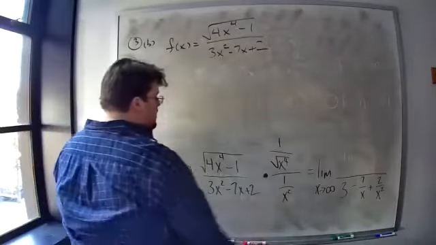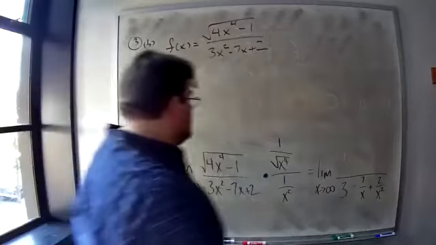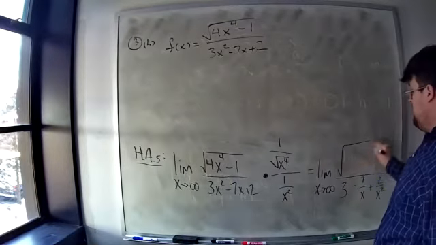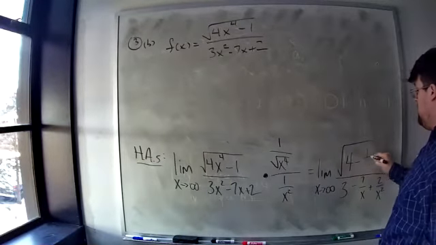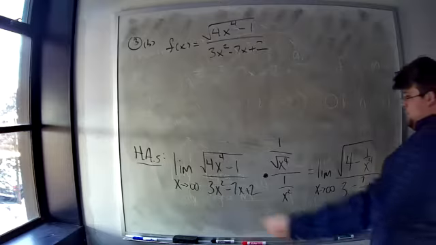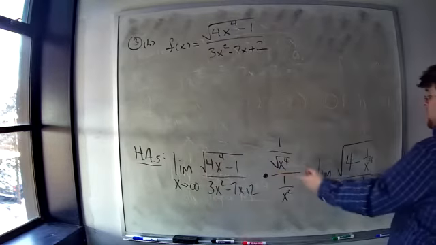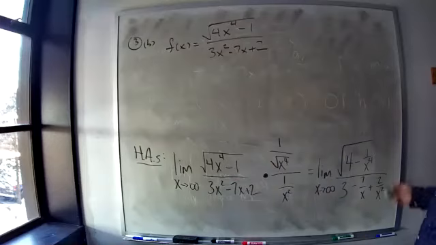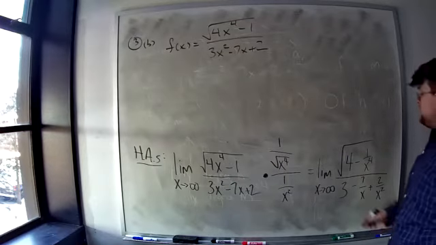So we rewrite x squared as the square root of x to the 4th, and that allows us to bring that x to the 4th inside. 4x to the 4th divided by x to the 4th is just 4. Negative 1 divided by x to the 4th is negative 1 over x to the 4th.